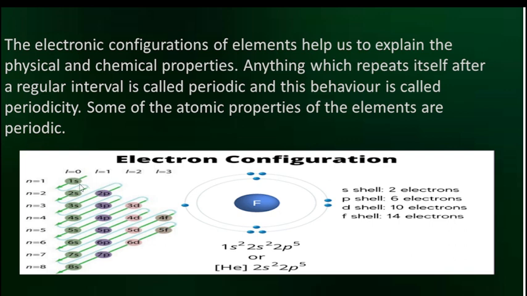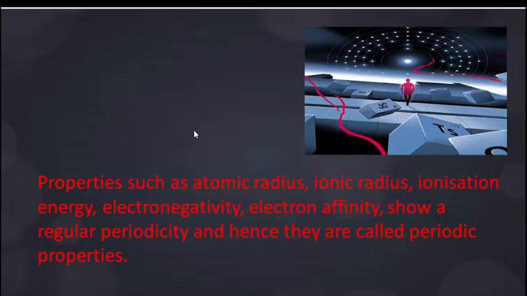This is the electronic configuration. It has different shells and orbitals: S orbital, P orbital, D orbital, and F orbital.